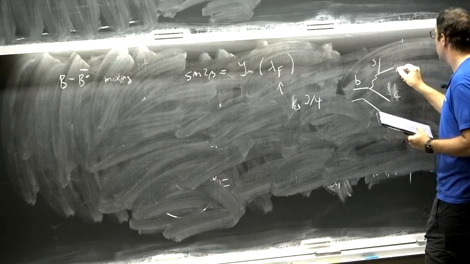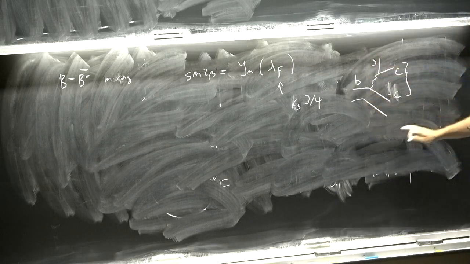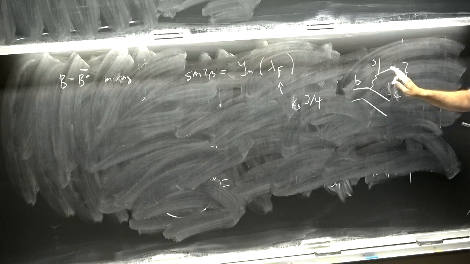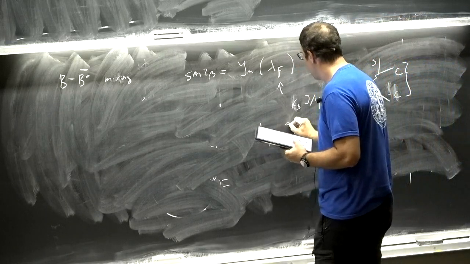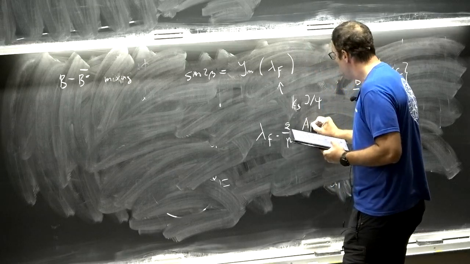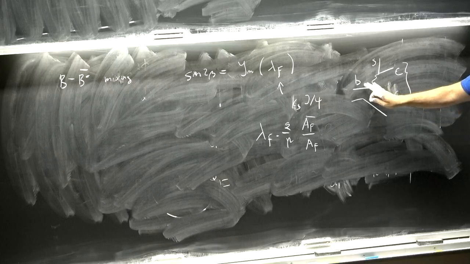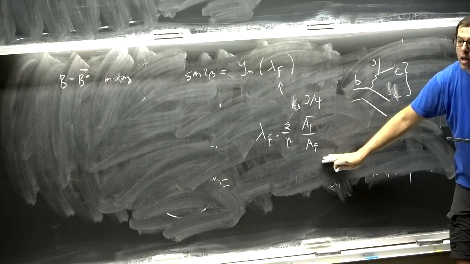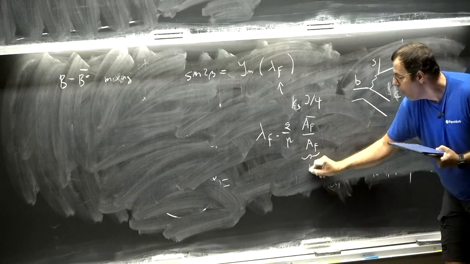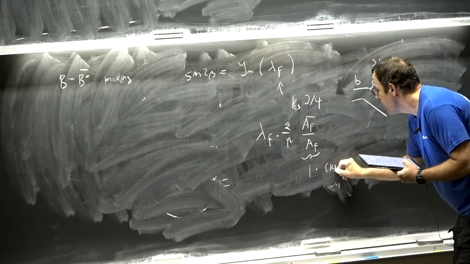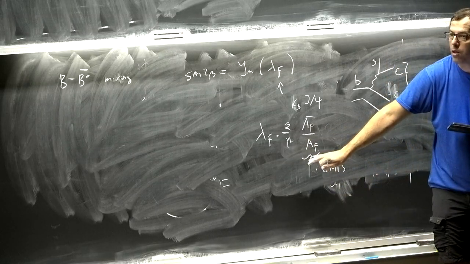This is C. So it's a 3-level guy. It's just one amplitude that has no CP phase in it. Lambda_f was q over p, A_f bar over A_f. So when you look at the CP conjugated mode, this part is just 1 times the CKMs. All right, so all the hadronic physics is just 1, cancels out.